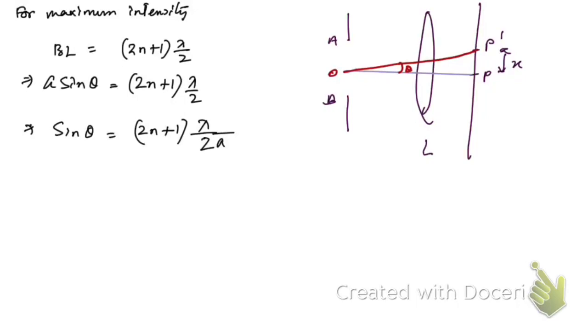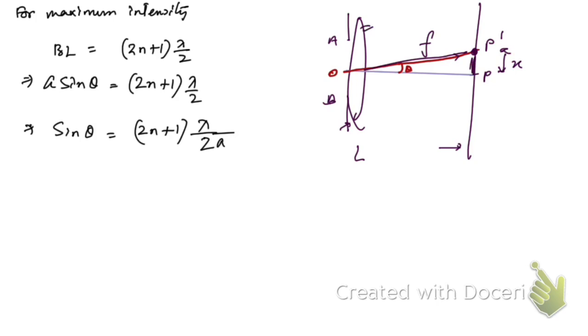Now you see, this light is focused at P dash because of this lens L. So when you consider this lens is very close to the slit, or the screen is very far away from the slit, in that case you can consider this length as the focal length of the lens, because this light is focused at P dash by this lens only.